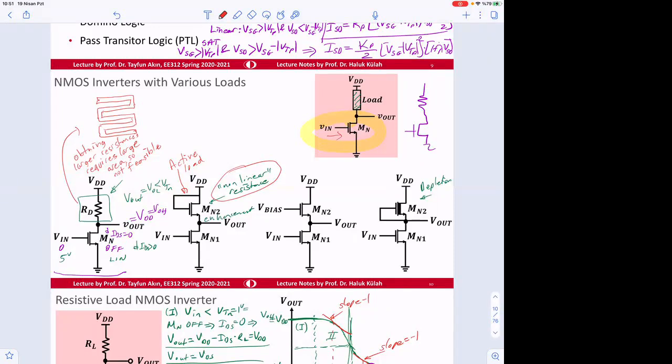We will be talking about that. Eventually, we will be replacing that with a PMOS transistor. So the load will be a PMOS transistor, and we'll see how advantageous it is. It's going to be the best, and that will be the CMOS inverter.